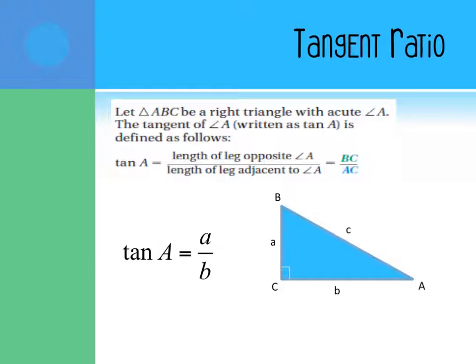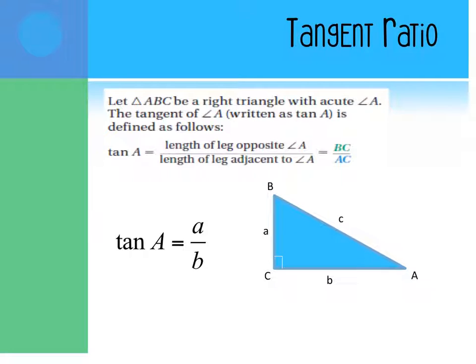So here is our trig ratio for the tangent. So we have a right triangle, and it's going to be ABC, and we have two acute angles. Okay, we've got the 90-degree angle here at C, and then we know that A and B are acute angles. We're only going to be doing this tangent ratio on angles A and B here, only on the acute ones.